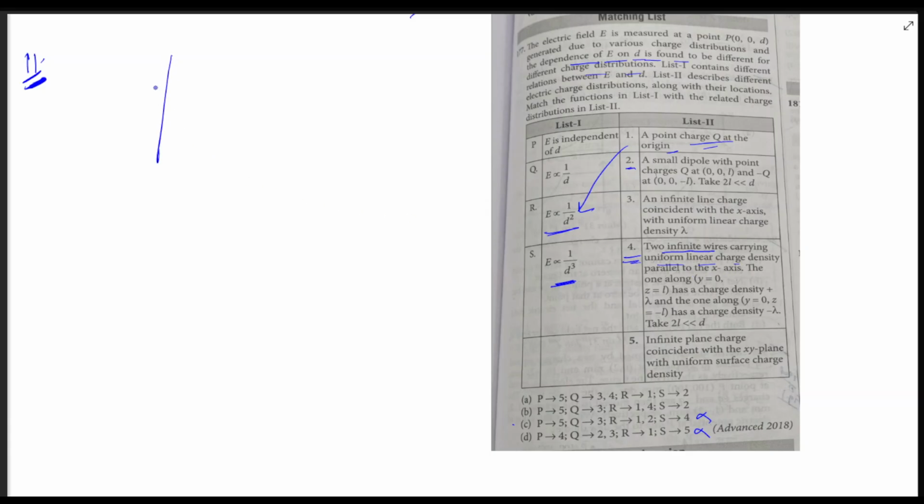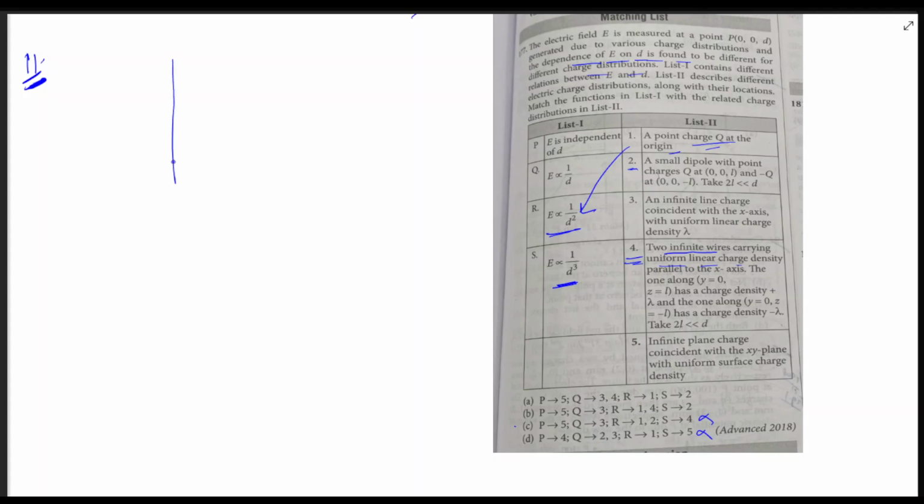So let's say this is our x, and this is our z. One along z = +L has a linear charge density lambda. Okay, so let this be L, so this point will be (0, 0, L).